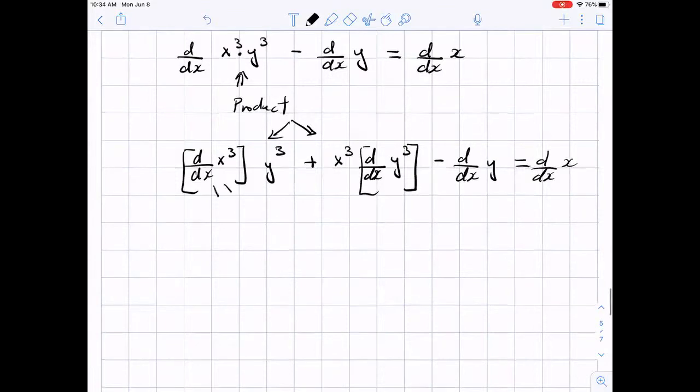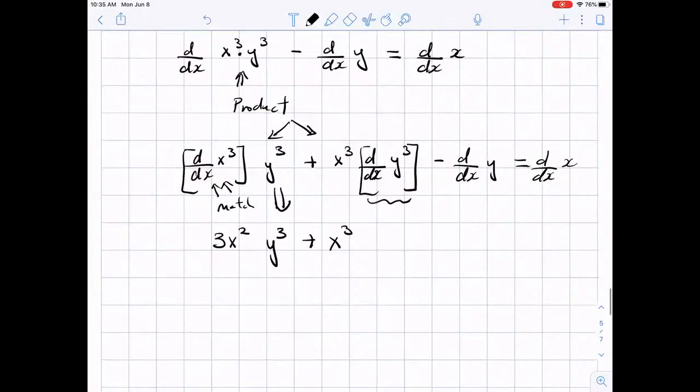Now, since the variables here match, this just becomes 3x squared, and then we bring down the y cubed. Plus, over here we keep the x cubed, and we differentiate this with respect to x.